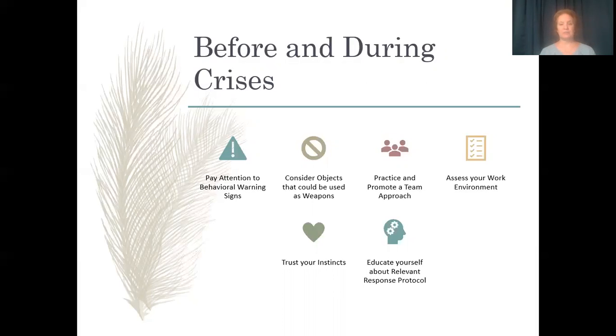Assess your work environment and trust your instincts. For me, those go together. We sort of have these instinctual things occurring while we're assessing our work environment. So when we come in, we take a scan, we look around at what's going on.